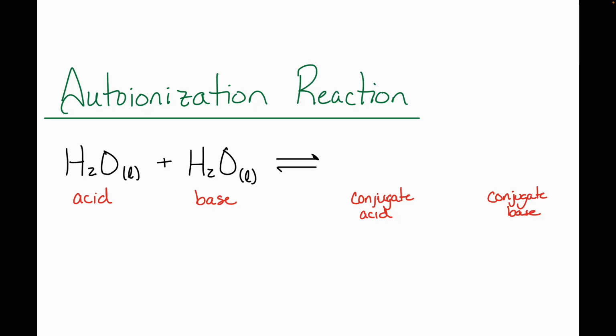So to get our conjugate acid, we're going to look at that formula for our base. We're going to increase its hydrogens by 1 and increase its charge by 1.